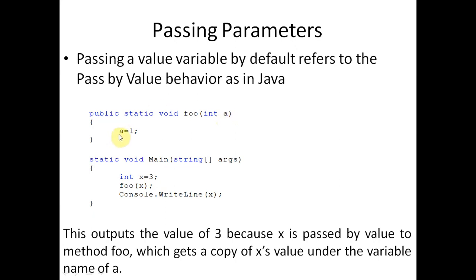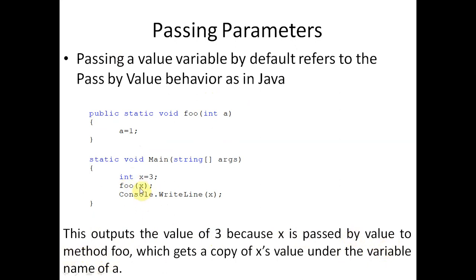Again here a equals 1, as we have transferred 3 to a, but again we are initializing a to 1. When we print the value of x, it prints 3, because x is passed by value to the method.